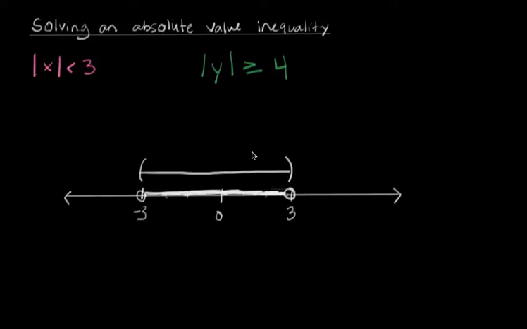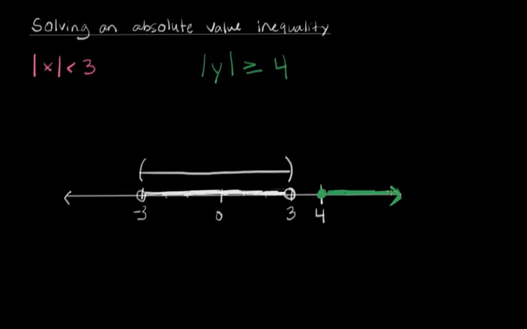If the absolute value of something needs to be greater than 4, then let's go ahead and put 4 on our graph here. It could be 5 or 6 or 7 all the way up through infinity, right? And then this says greater than or equal to 4, so it could also be 4.